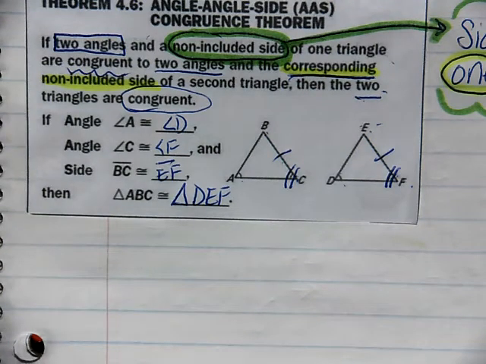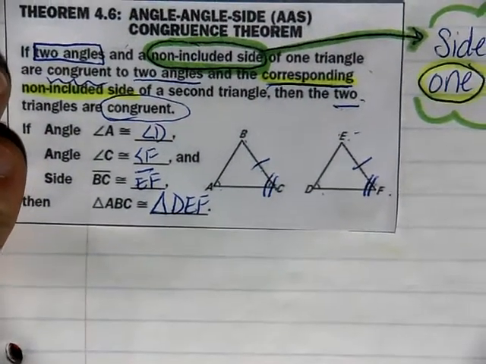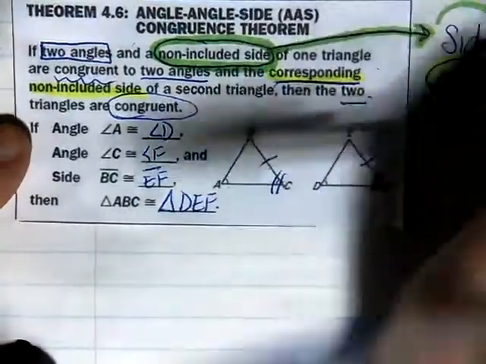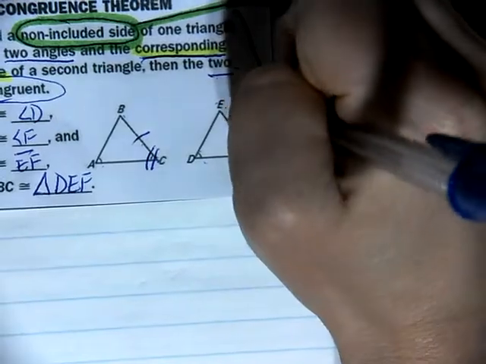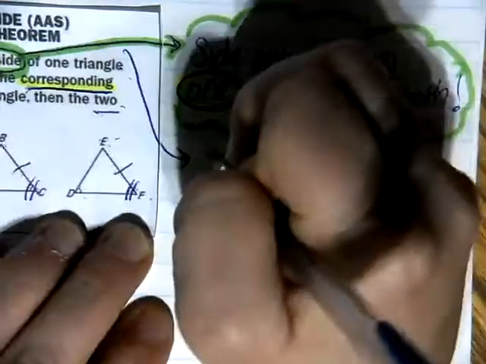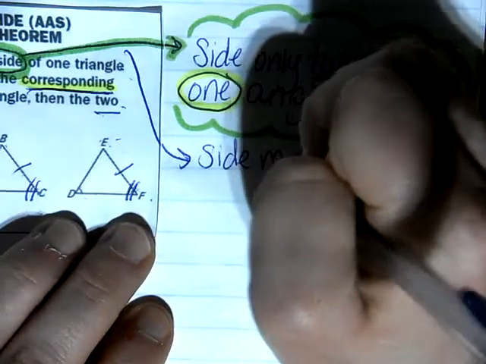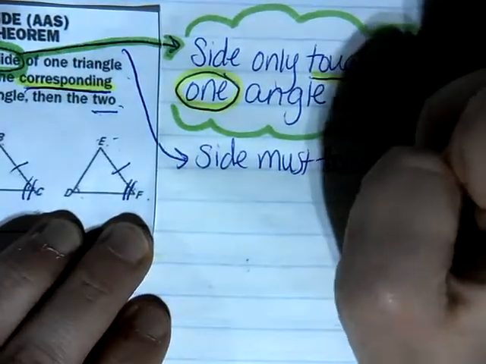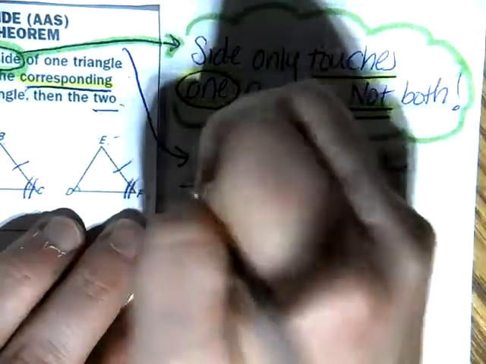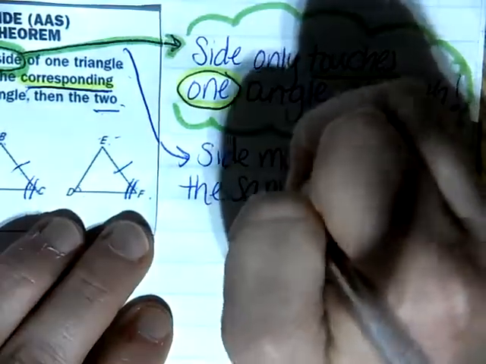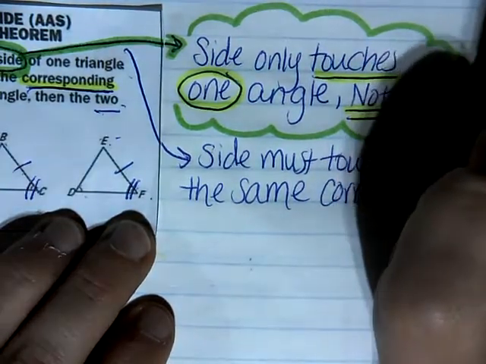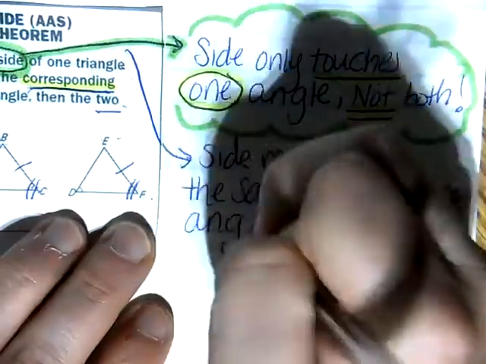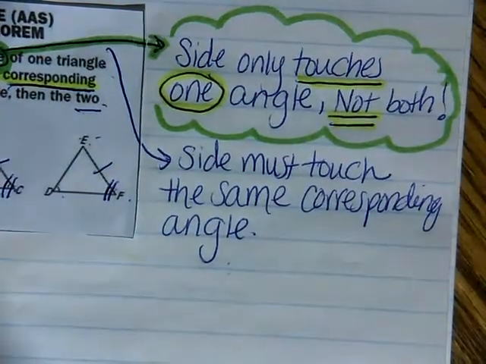So it has to be that the side only touches one of the angles, not both, and it must touch the same corresponding angle. So they have to match up with each other.